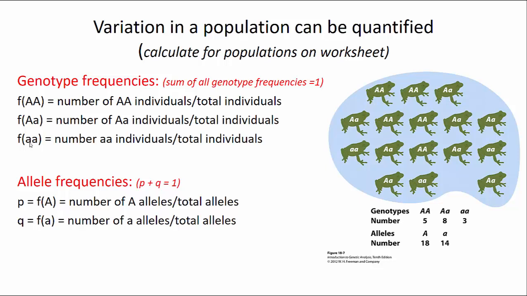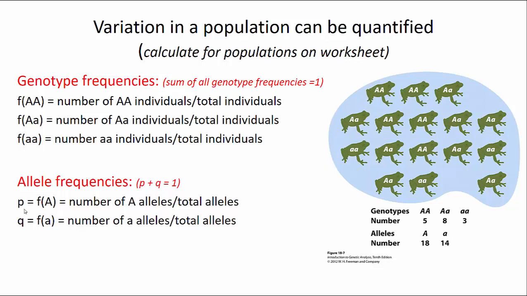We could do the same type of calculation for the frequency of heterozygotes and also for the frequency of individuals which are little a little a. Allele frequencies are different from genotype frequencies, and this is not paying attention to which ones are together in one individual. It is simply counting up the total number of big A alleles or the total number of little a alleles.